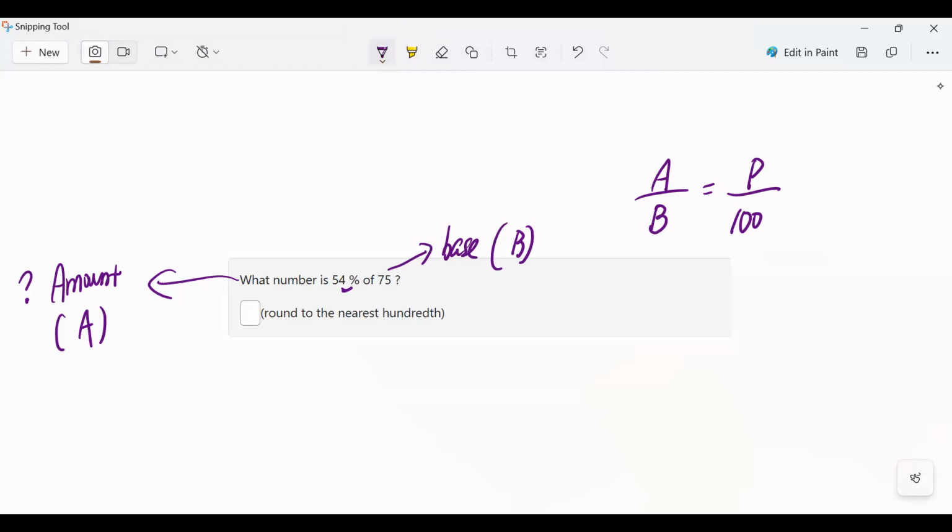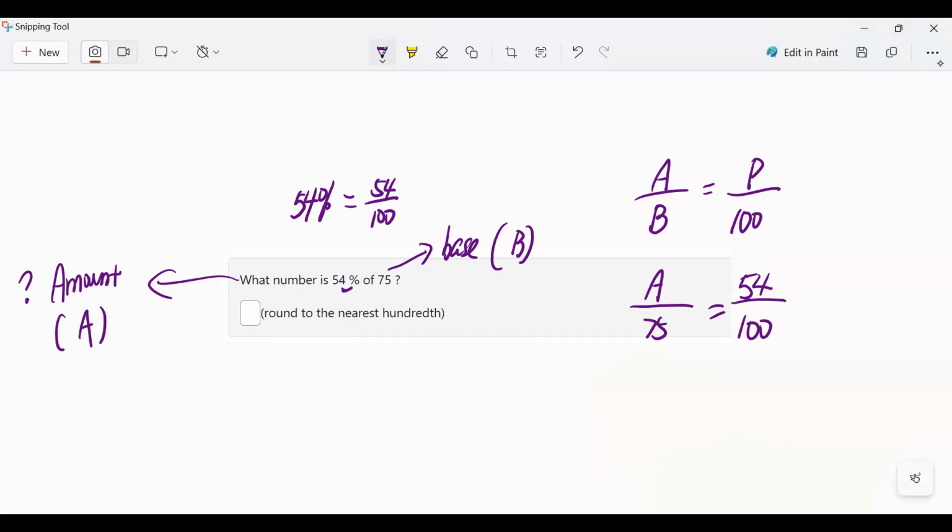And basically, we just identify each item here, and then we know in this case base is 75. And then we're looking for amount. Right? So it's A over base 75. Here percent is 54%. So that's 54 over 100. P here is 54 over 100.